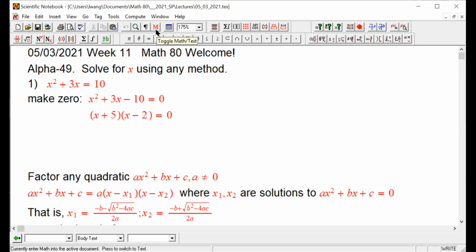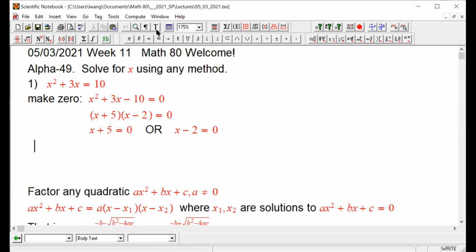So you're going to have just x plus 5 equals 0. We still need to use principle number 5, but the factoring method is much faster. That's why it is attractive, because in a lot of academic situations it can be very straightforward.